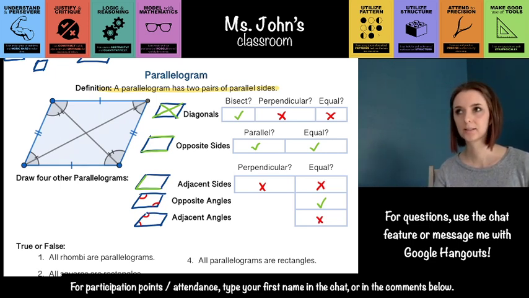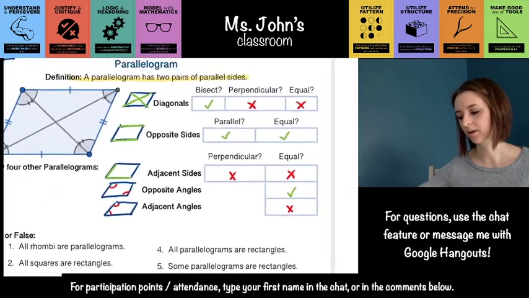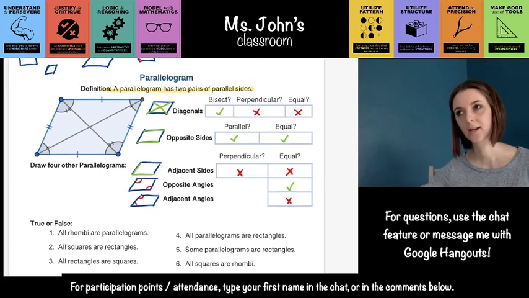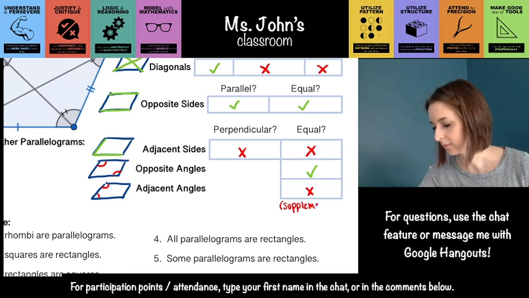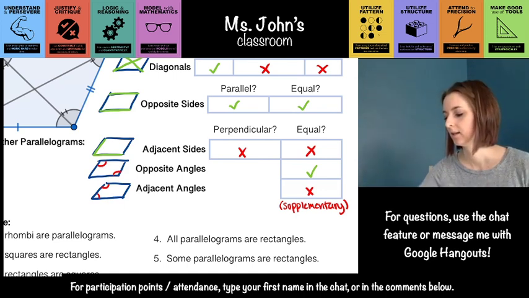However, for the sake of some math you might have to do, the adjacent angles always add to be 180 degrees. They're supplementary. Even though they're not equal, they do add to be 180 degrees.